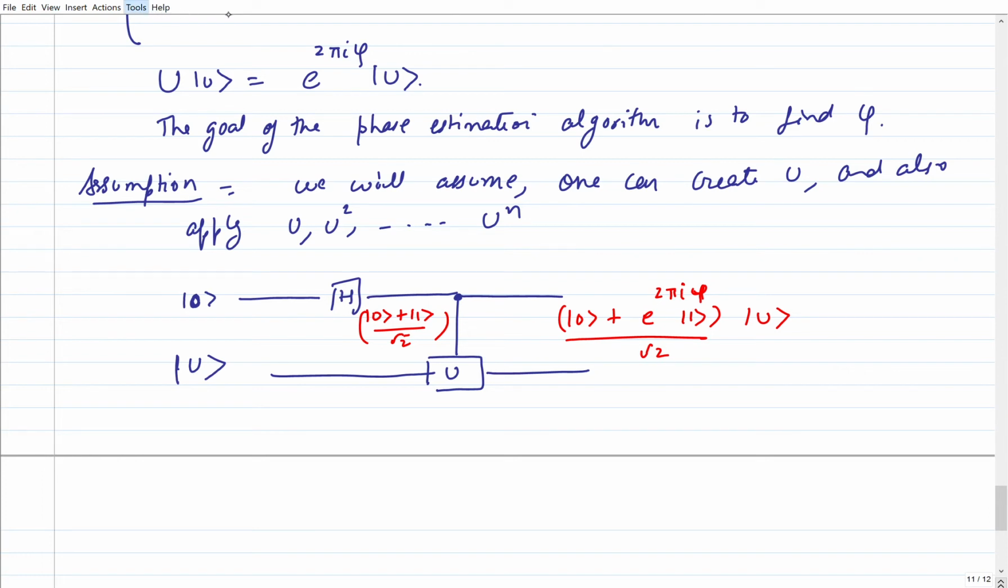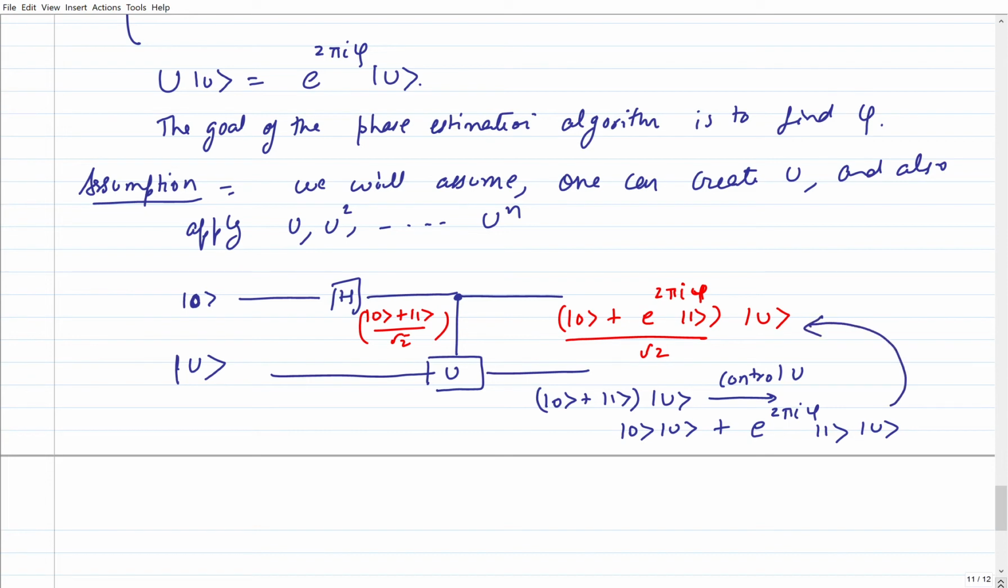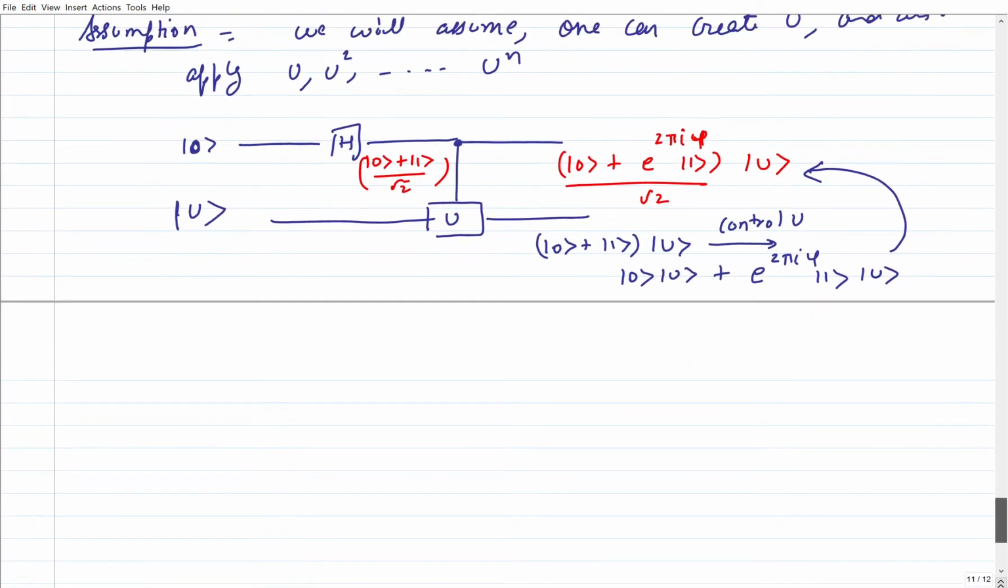So that's the schematic for estimating the phase.